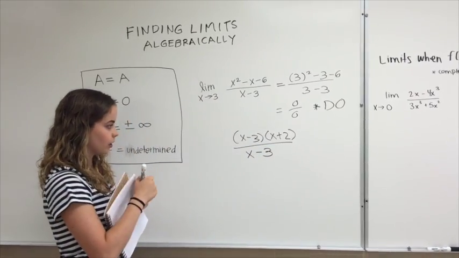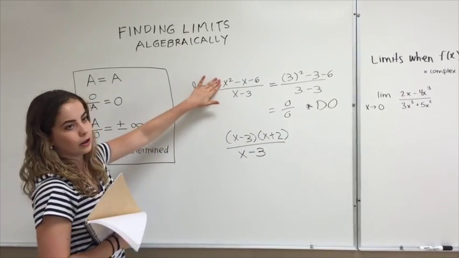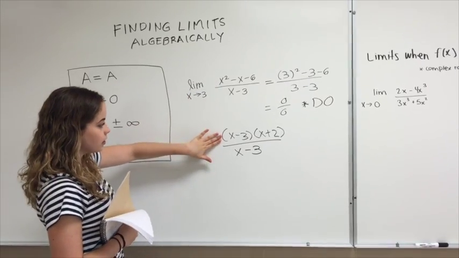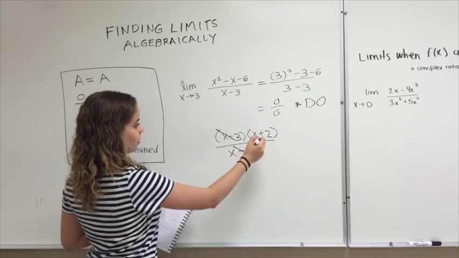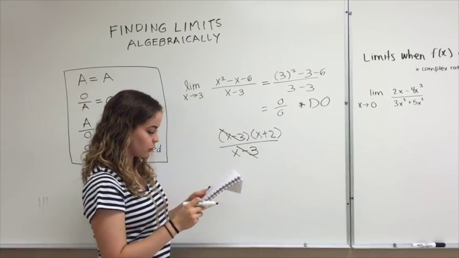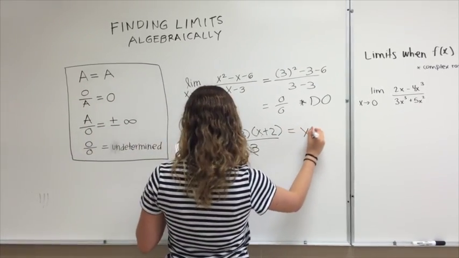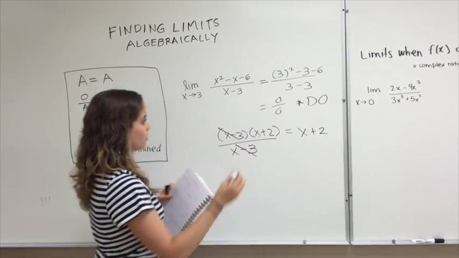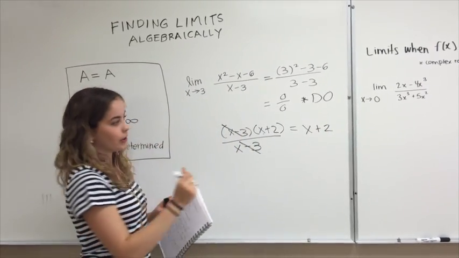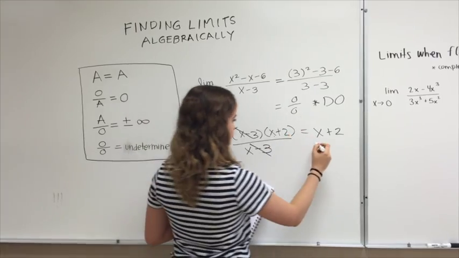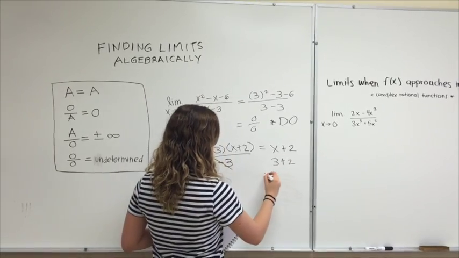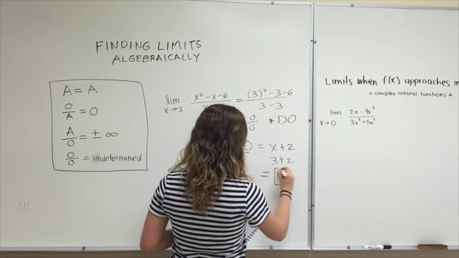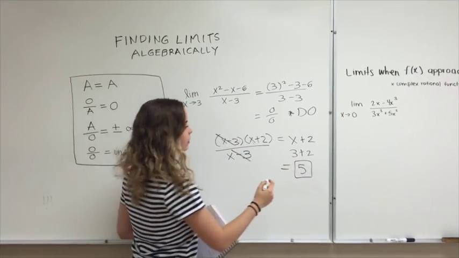I factorized the one on the top, so I get this, and you can cancel this with the one in the bottom. So now I have x plus 2. And if I substitute the 3 of my limit in this new function, the answer you get is 5, which means the limit is 5.